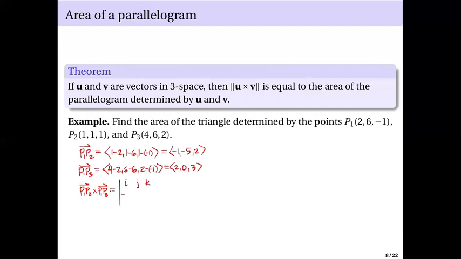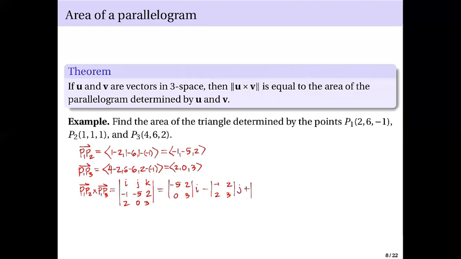Second row, it's negative 1, negative 5, 2. Third row, it's 2, 0, 3. So here you got determinant negative 5, 2, 0, 3, I minus determinant negative 1, 2, 2, 3, J plus.